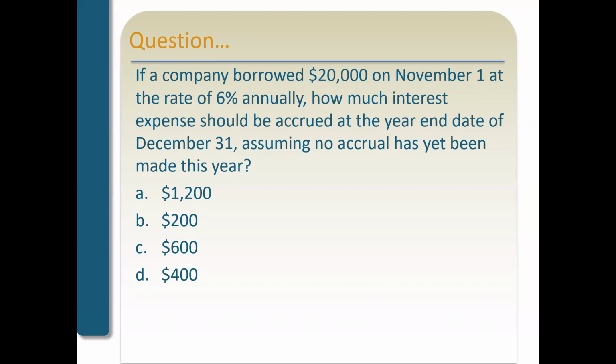How much interest should be accrued at the year-end date of December 31st, assuming no accrual has yet been made this year? How many months are you going to accrue for? Two months, right?